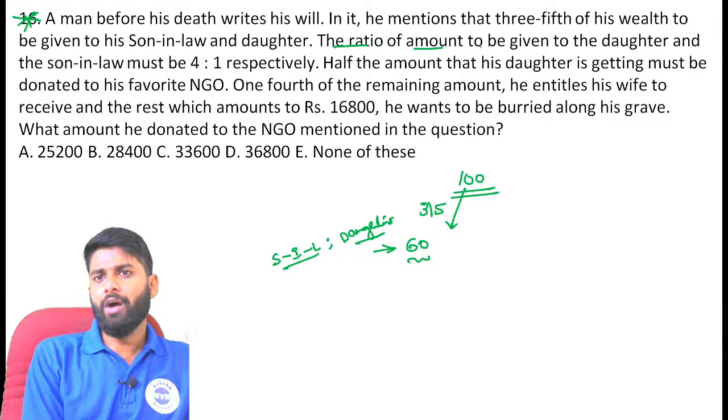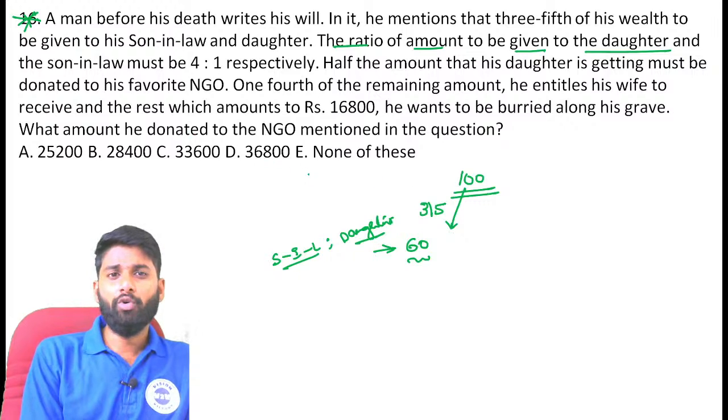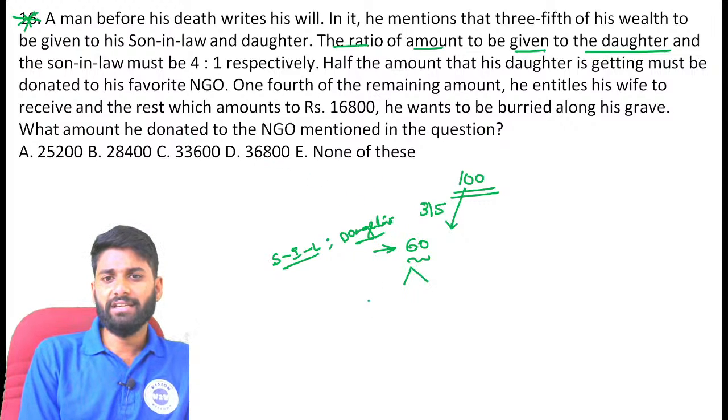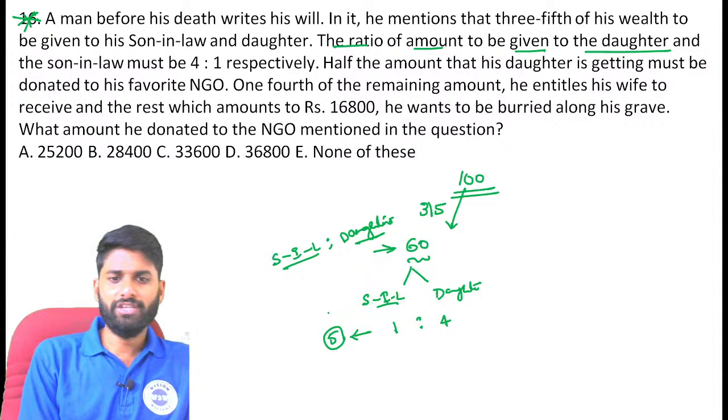The ratio of the amount to be given to the daughter and son-in-law. See, this is the son-in-law and this is the daughter. The ratio given is 4 is to 1, so you just take it in reverse. So the ratio becomes 1 is to 4. What is the meaning? If I have 5 units of distribution, 1 unit is for the son-in-law, 4 units are for the daughter.